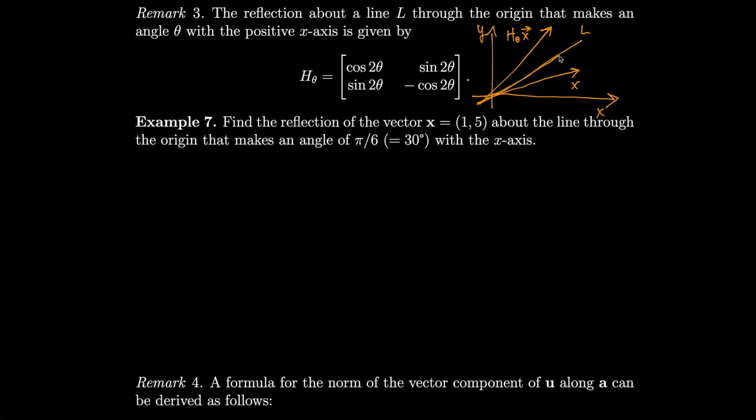Notice this vector over here is just the projection of x, so that's P theta of x. So that means that this little piece right over here, this vector, is P theta of x minus x, geometrically. This whole vector is H theta of x minus x.